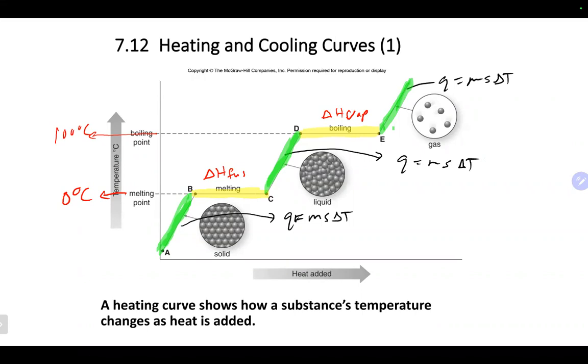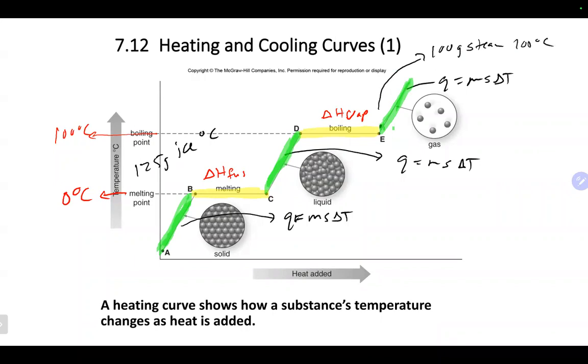So let's just say, for example, we took 125 grams of ice at 0 degrees Celsius, and we wanted to take it up here, which would be 125 grams of steam at 100 degrees Celsius.